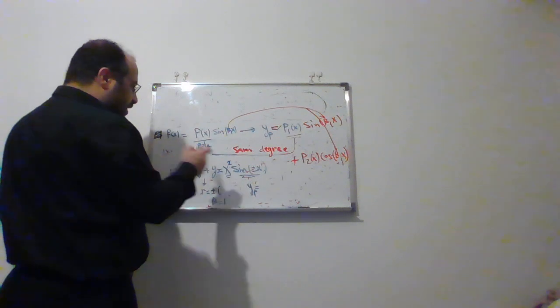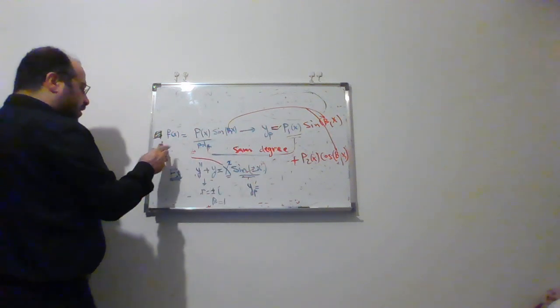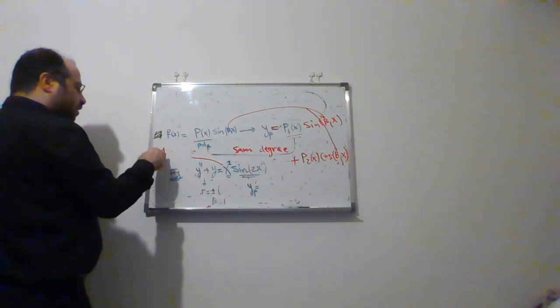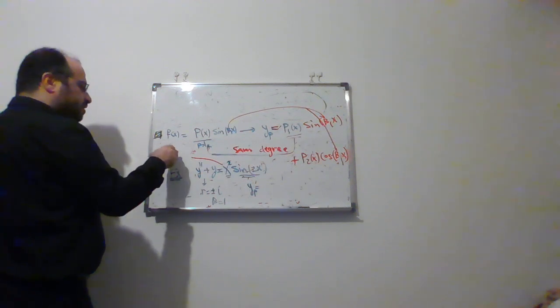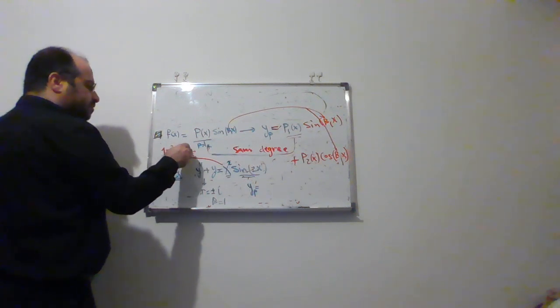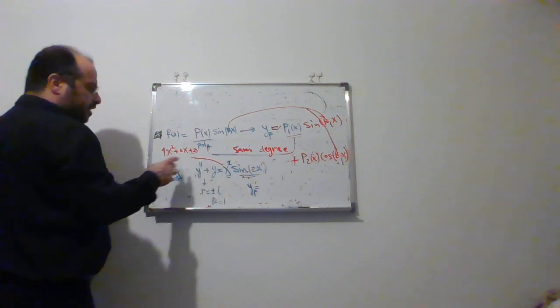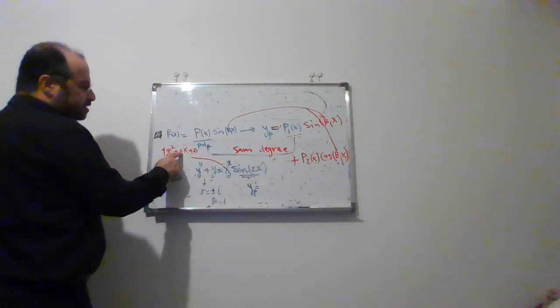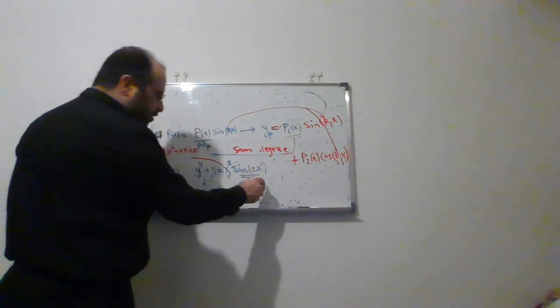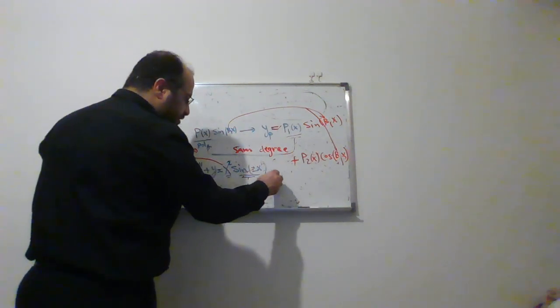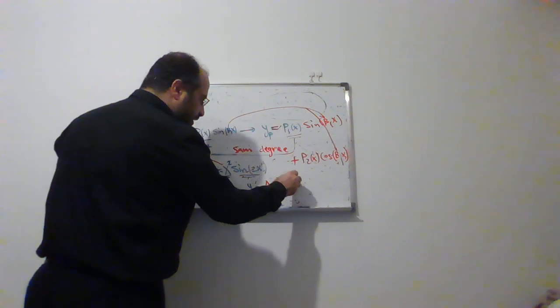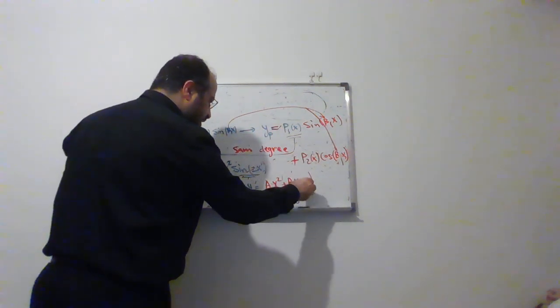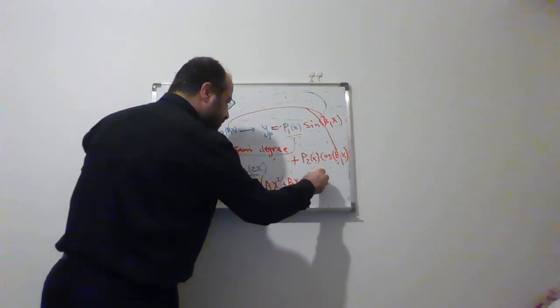Imagine what you have here: something like 1x squared plus 0x plus 0, right? Then you need to go with the full ax squared plus bx plus c. This is for sine x.